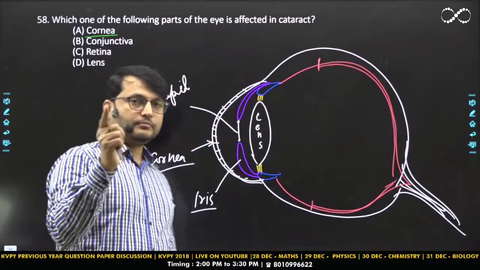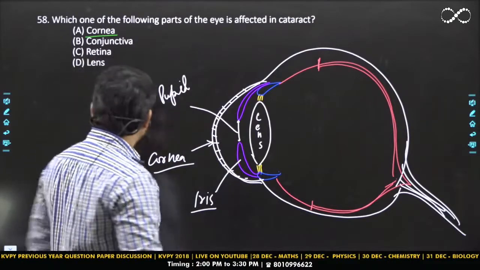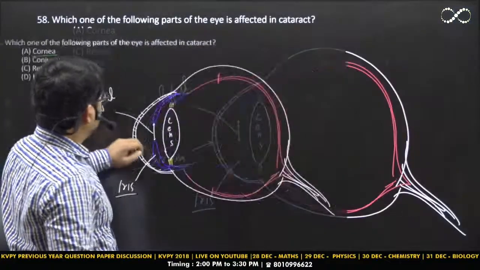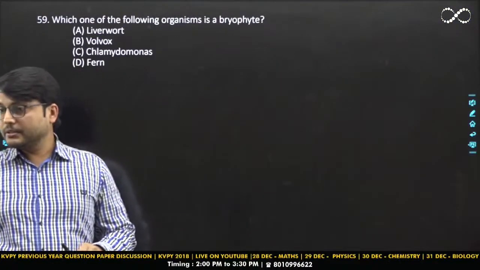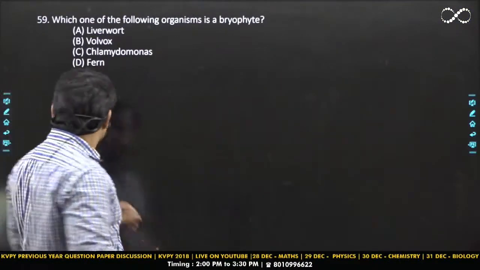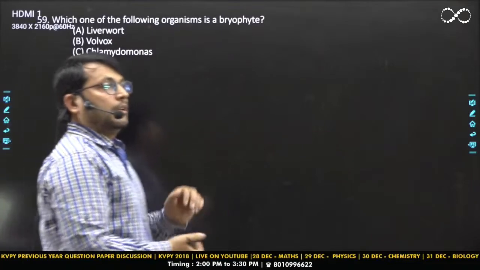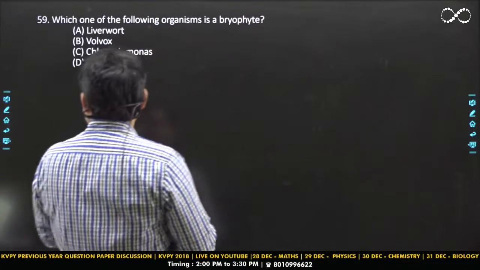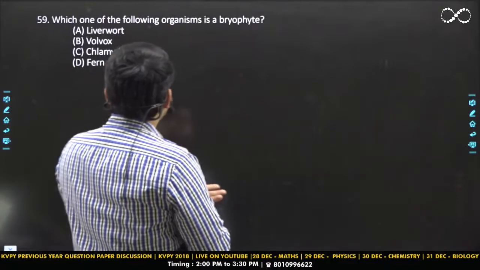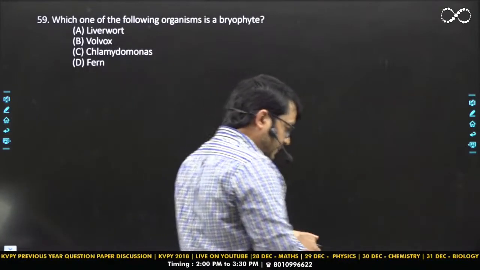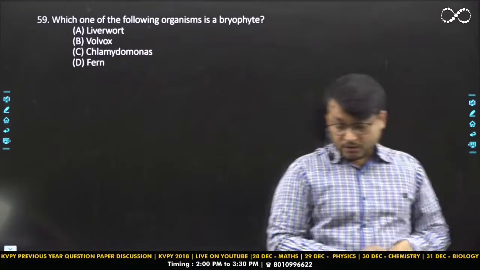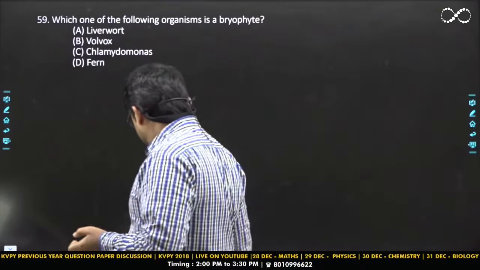Okay? Great. Let's move to the next question, that is question number 59. Now, the 59th question is about which one of the following organisms is a bryophyte. Now, this is a question from plants.